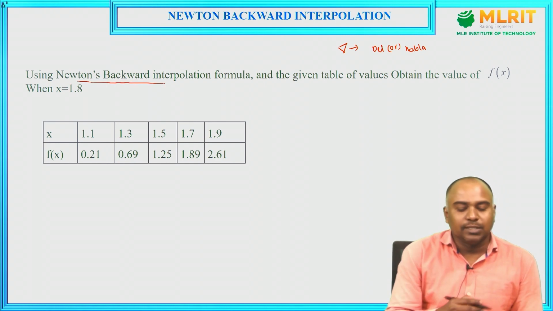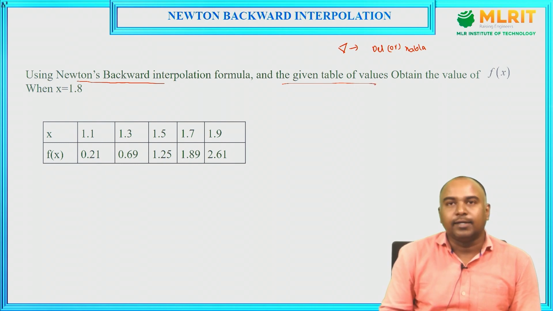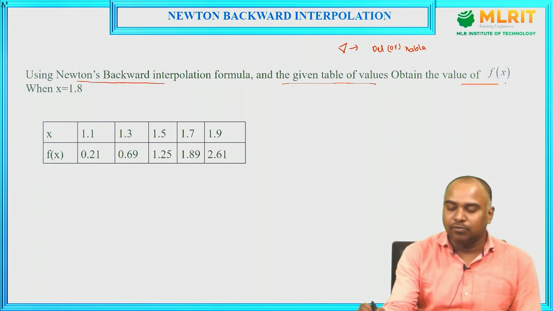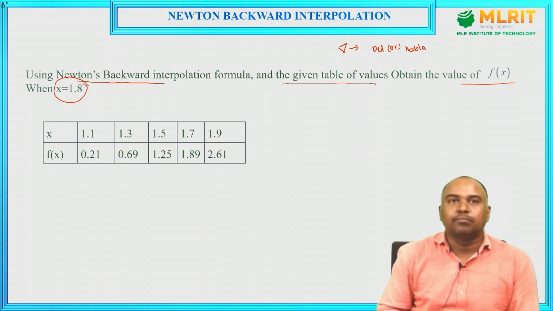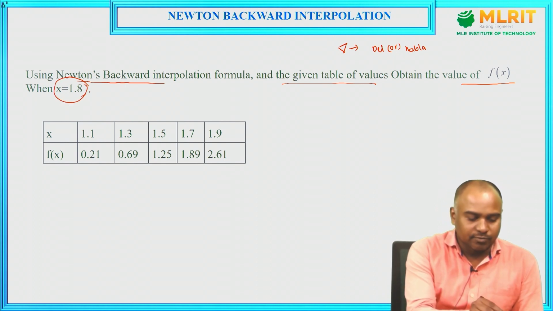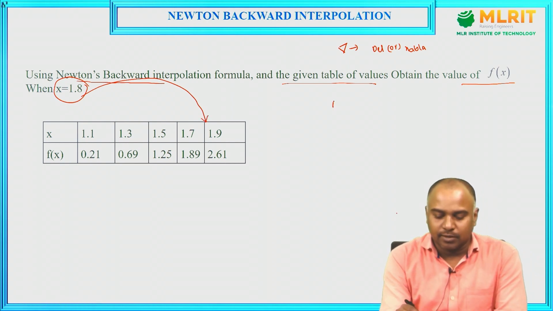Use the Newton backward interpolation formula and the given table of values to obtain the value of f of x when x is equal to 1.8. Look at this, 1.8 is located around the end of the table.